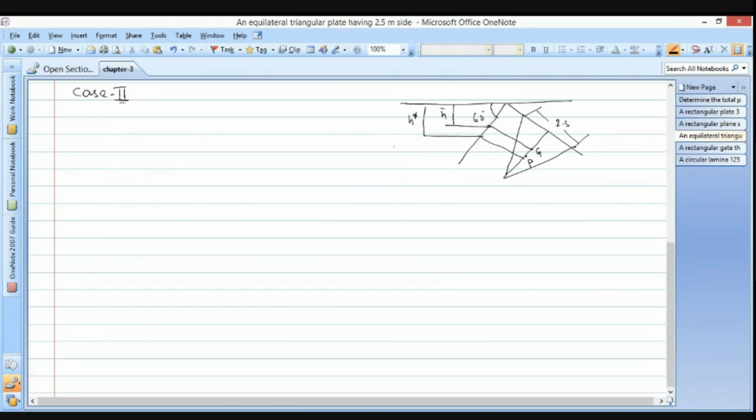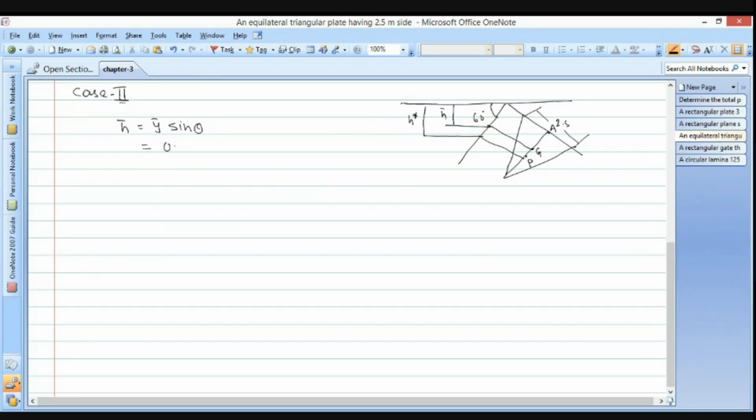So first we calculate the h cut. So h cut equals y cut into sine theta. And we know that this distance, suppose we say this is point A and point G, it is 0.72 as we have already calculated in case 1.